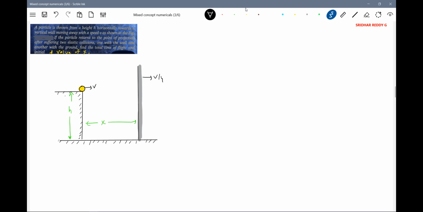Okay, read the question now. After suffering two elastic collisions, the particle returns to the point of projection. So what is the point of projection? The point of projection is what we start with, O. This is our point of projection. I'll indicate it in red color. So the first collision will occur with the wall, next with the ground, then it will return back.